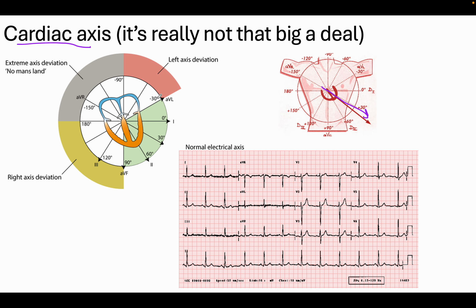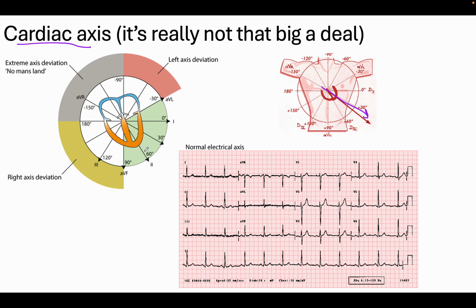Anything more negative than -30, so between -30 and -90, is left axis deviation. Anything between 90 and 180 is right axis deviation, and then anything above that in this strange zone is called extreme axis deviation. So generally, in most healthy patients, the axis should be between -30 and 90.